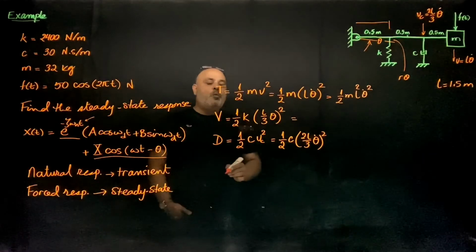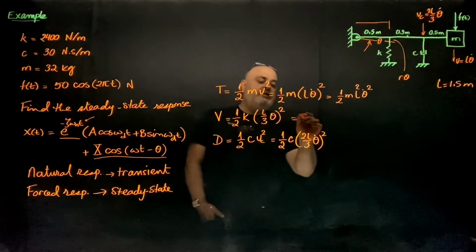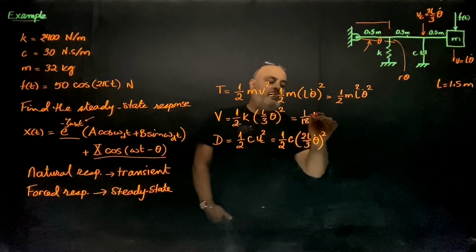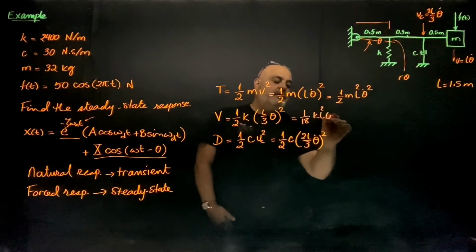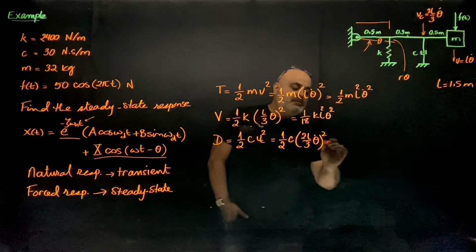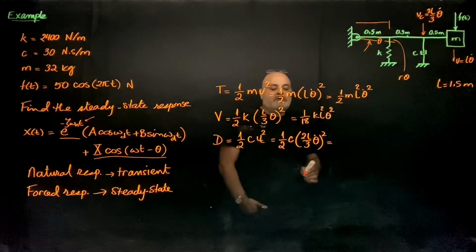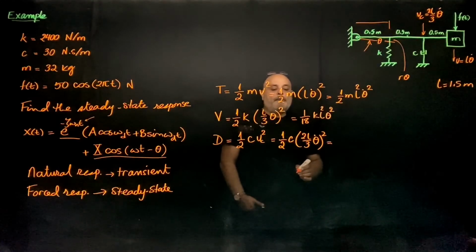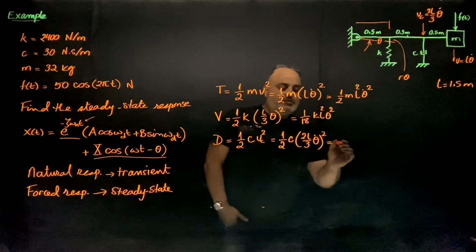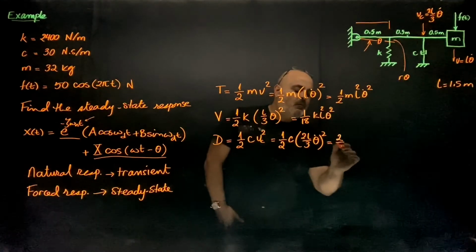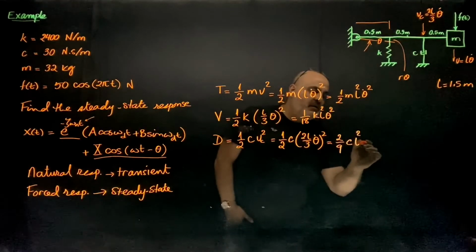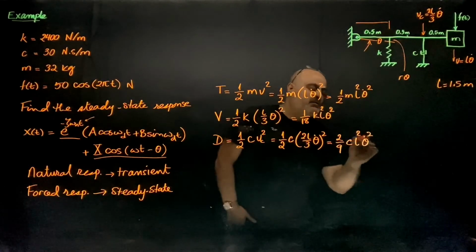This is 1/18 K L squared theta squared, and this is 4/18, that's 2/9, C L squared theta dot squared.